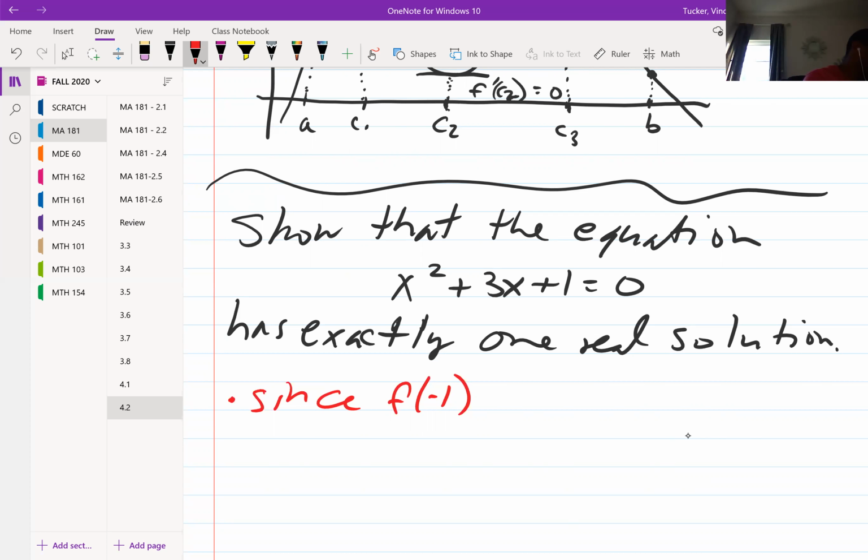Let's see my interval. All right, so let's go here. I'll just do with this. I'll start with this. Okay, since when you plug in -1 into the function, let's go ahead and do that.